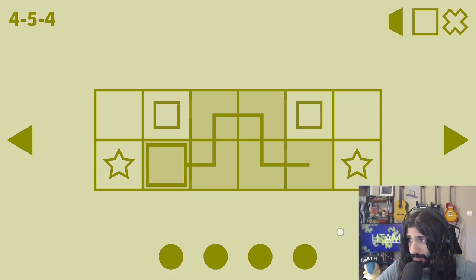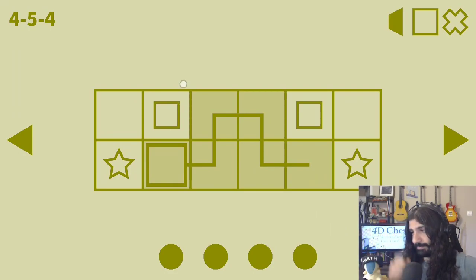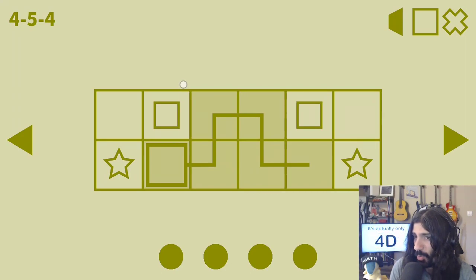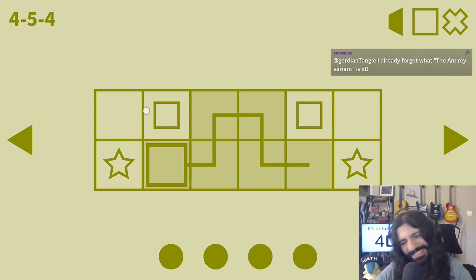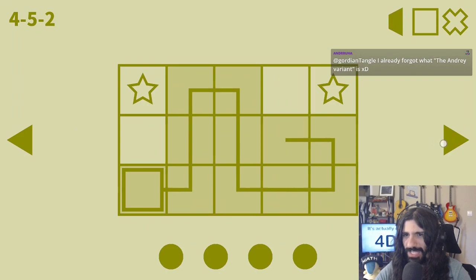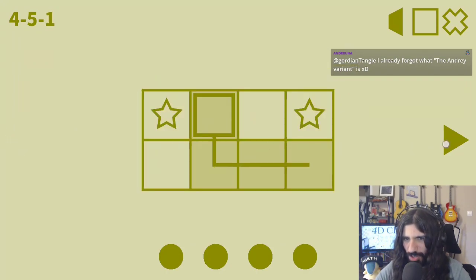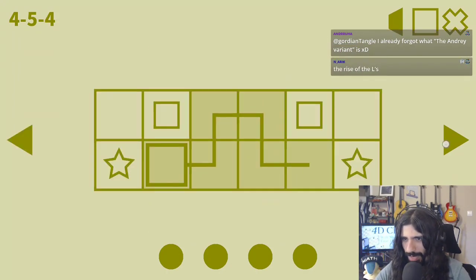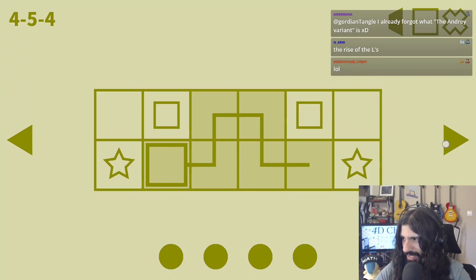Or... I guess I'm partitioning both squares and stars into... I mean, they're L's now, but... Or maybe it's like areas of equal volume? Or areas of equal area, I guess I should say.